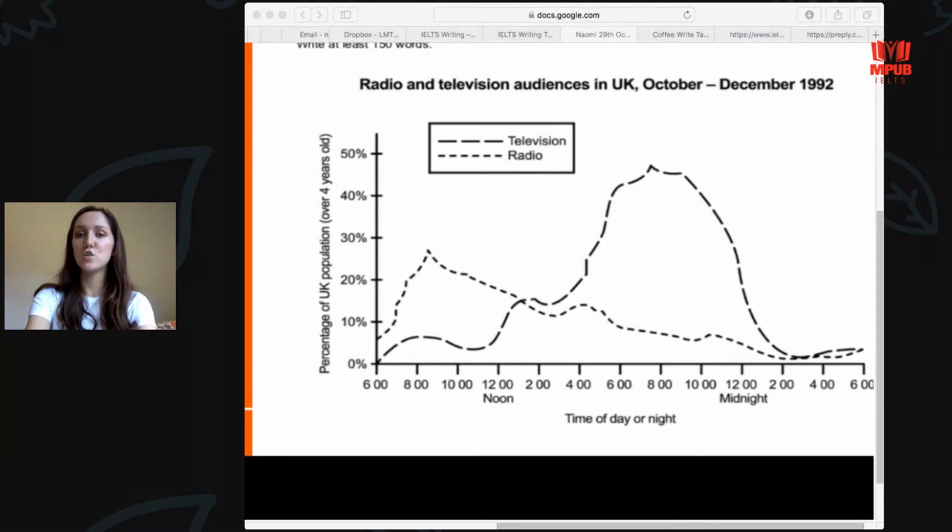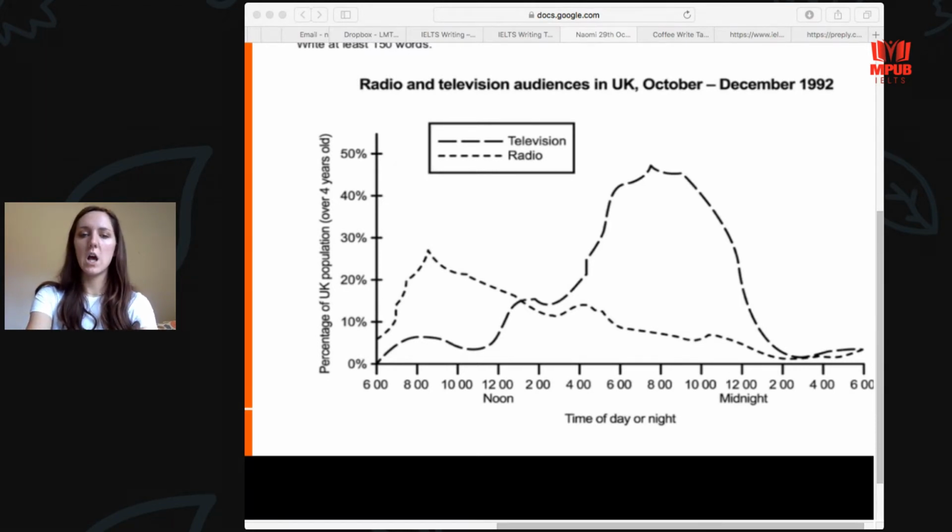tended to watch most TV at 8 p.m. Whilst is a really good comparing word, okay?